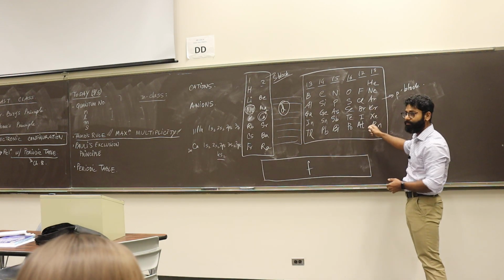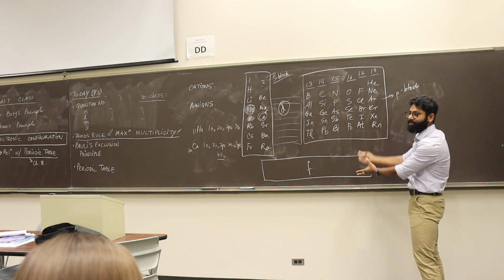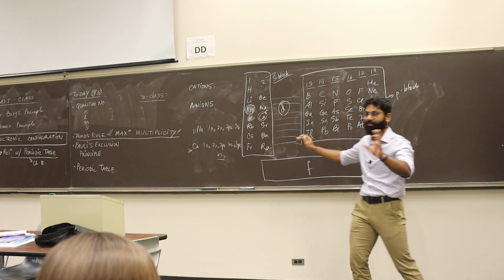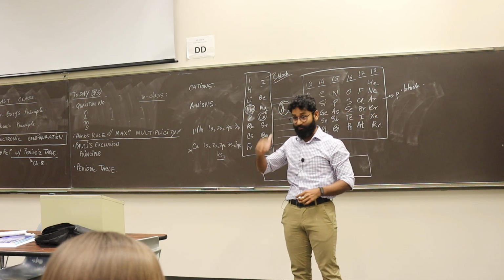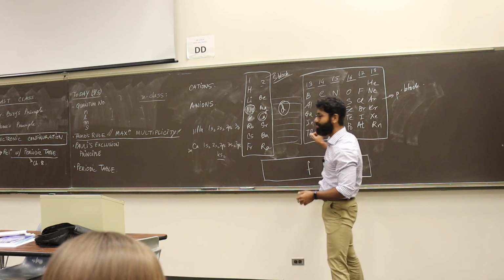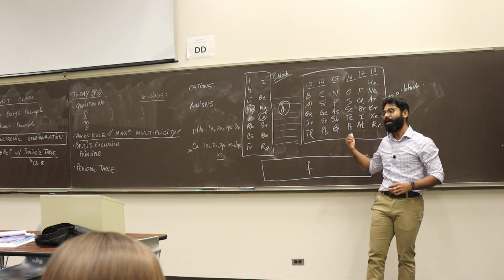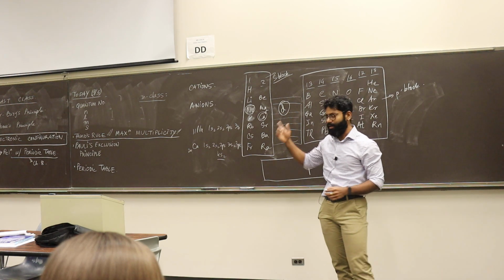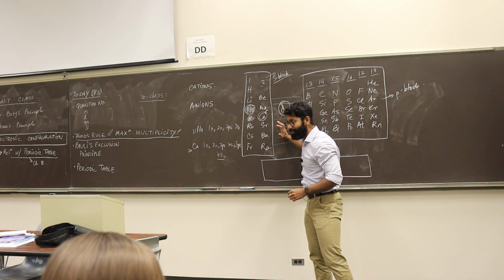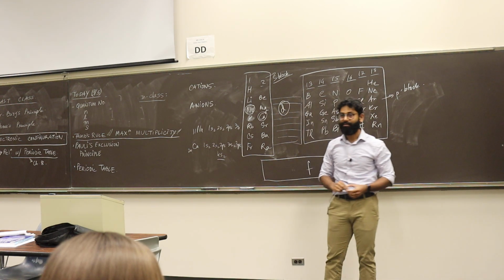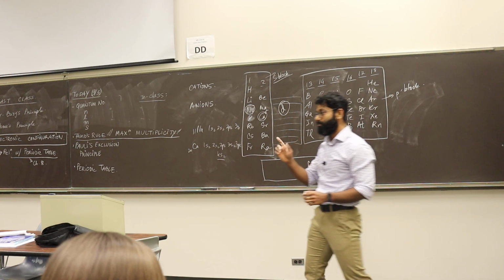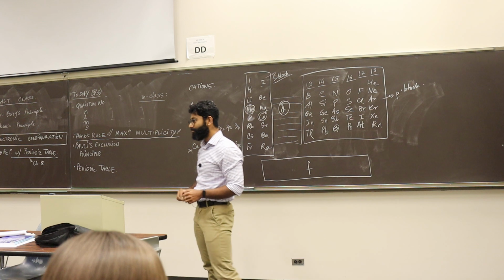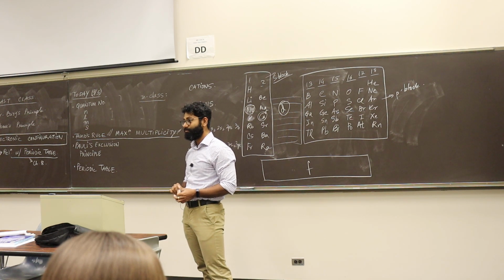And now you know what all these things have in common without even writing the configuration. You know for sure that the last electron is sitting in the p, last in the d, last in the f. And that's the power of the periodic table. Doubts? It's a good way to double check your work.